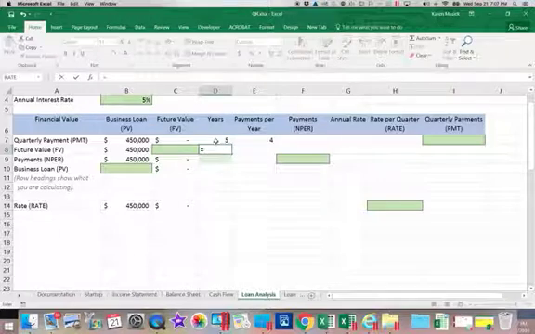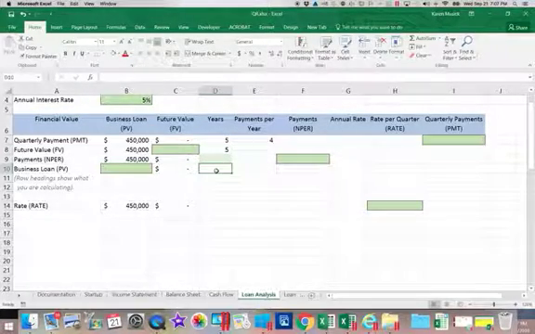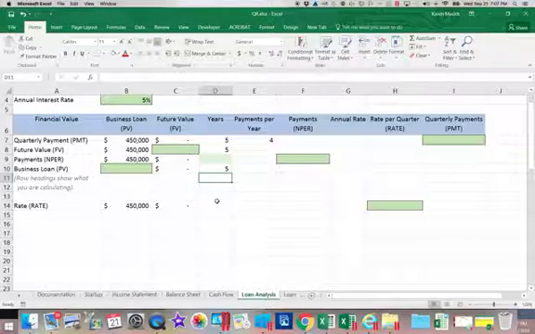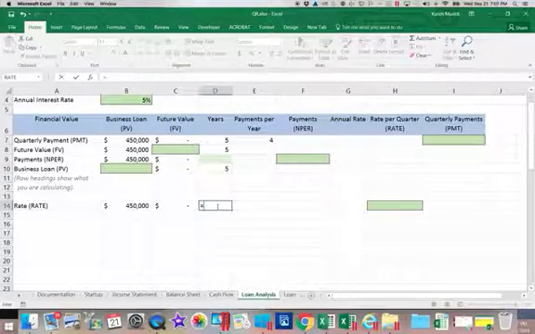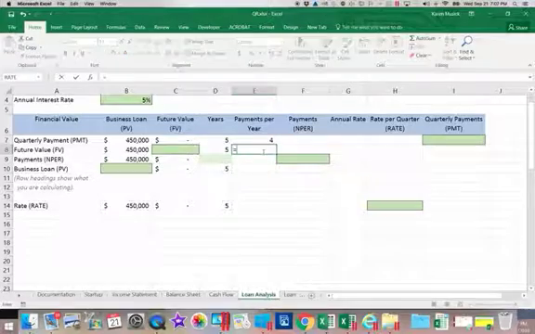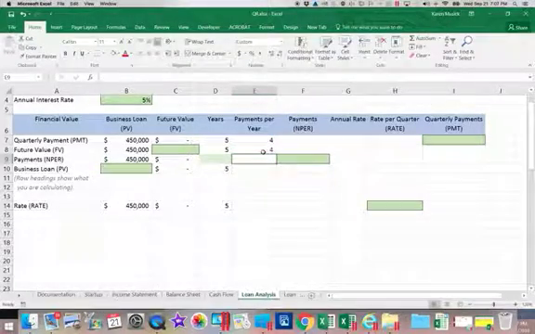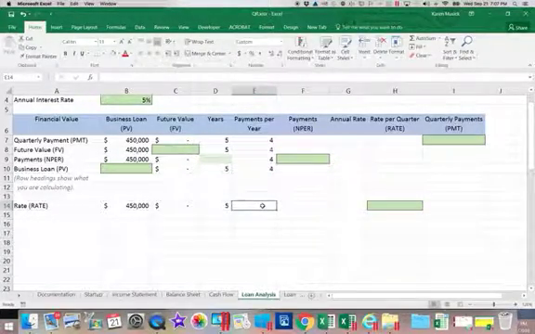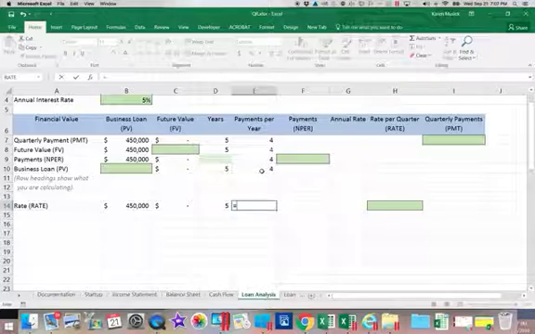But in the other rows, we can carry this 5 years down and assume that we're trying to pay these off in 5 years. We're going to assume with every loan analysis that we're working with that we are in fact making quarterly payments.